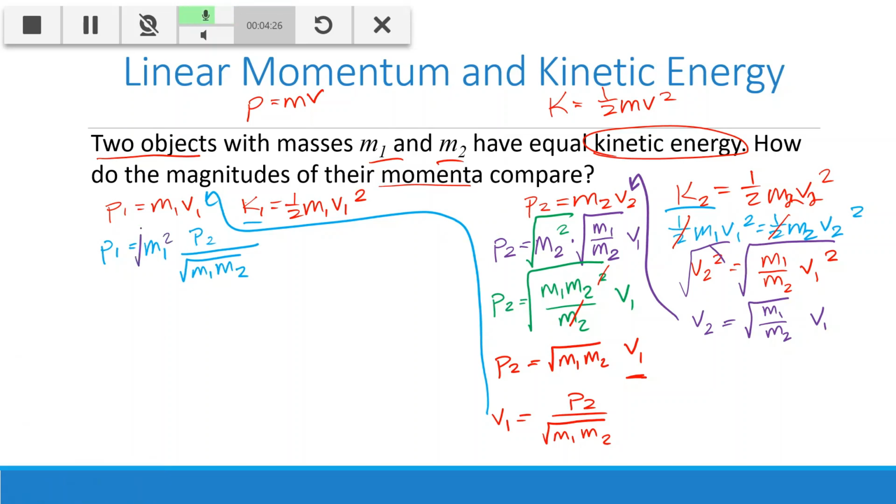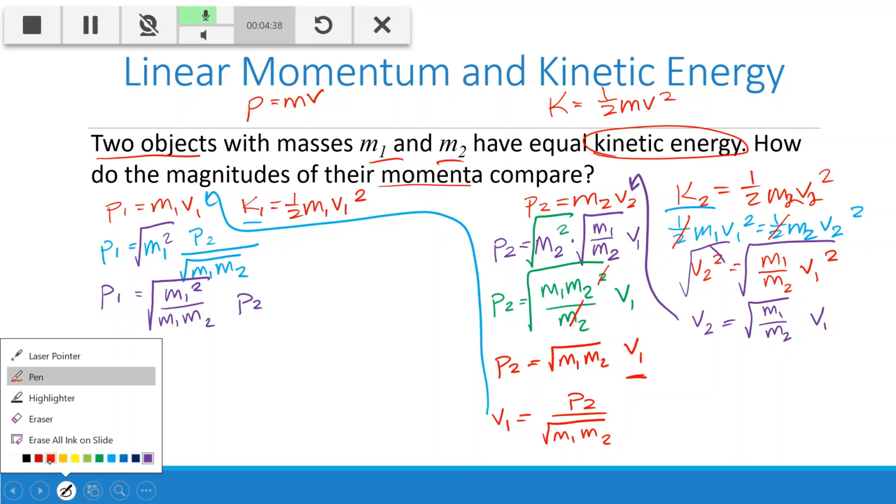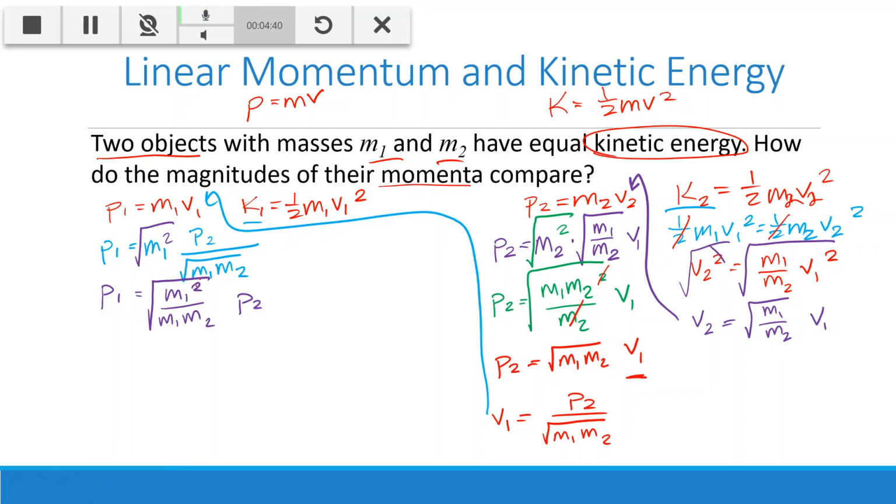So I'm going to square and then take the square root. So I'm going to get that P1 is equal to the square root of M1 squared over M1 M2 times P2. And then simplifying down, I can once again cross out one of those M1s. And so I get that P1 is equal to the square root of M1 over M2 times P2.